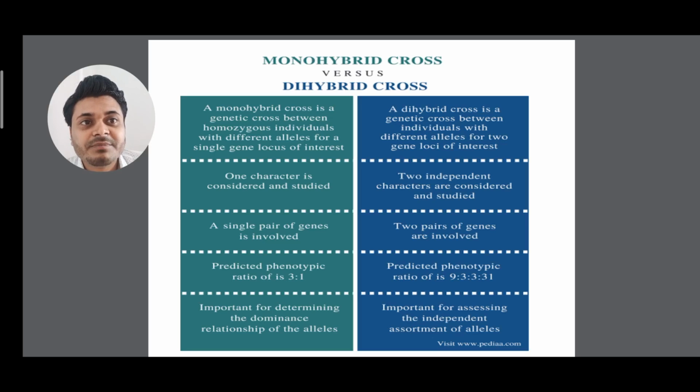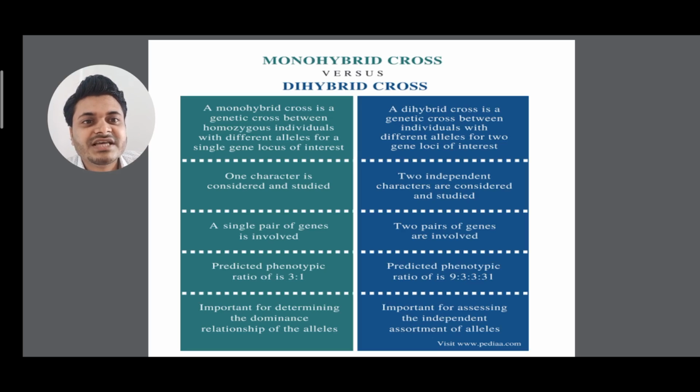The phenotypic ratio of a monohybrid cross is 3:1, whereas the phenotypic ratio of a dihybrid cross is 9:3:3:1. The genotypic ratio also varies: in a monohybrid cross it is 1:2:1, whereas the genotypic ratio of a dihybrid cross is 1:2:2:4:1:2:1:2:1. This is the genotypic ratio of the dihybrid cross.